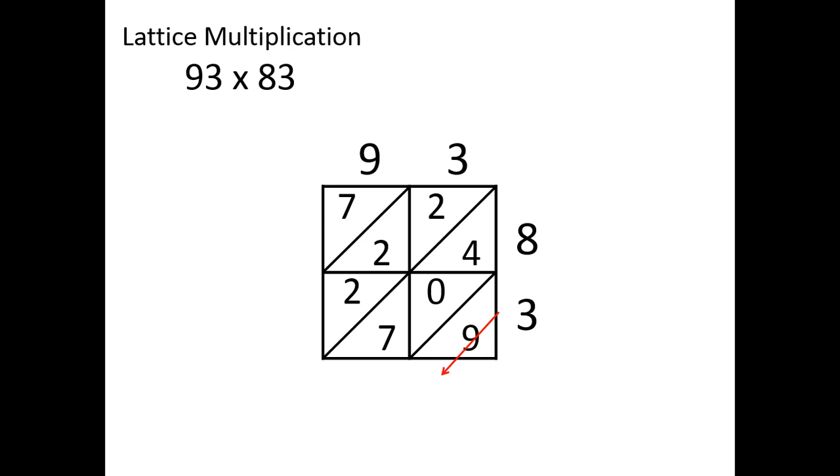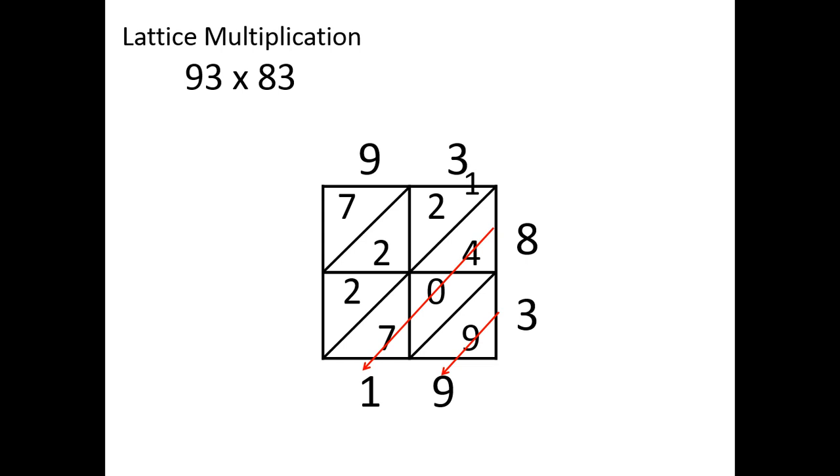Now if we add along the diagonals, we're adding digits in the same place value. So 9 is the only digit in the ones diagonal. 4 plus 0 plus 7 is really 4 tens plus 0 tens plus 7 tens. That's 11 tens. So we have a ones digit of 1 and a tens digit of 10. Now remember, that's 10 tens, so that's really 100. That's why that's in the hundreds diagonal now.